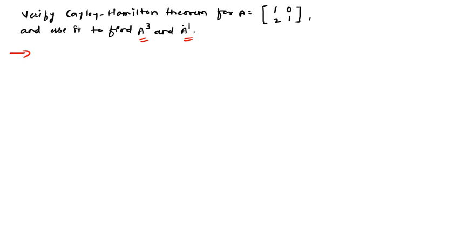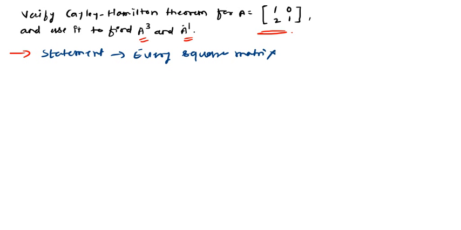Okay, now we will firstly verify the given Cayley-Hamilton theorem for the given matrix A. Okay, so for that firstly we will write down the statement for Cayley-Hamilton theorem, and the statement says every square matrix satisfies its own characteristic equation.